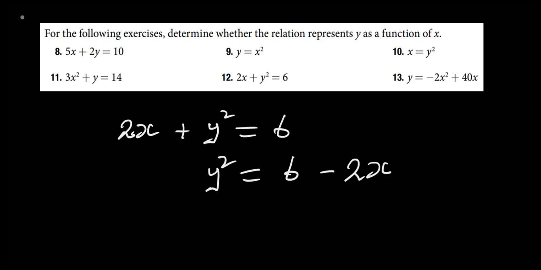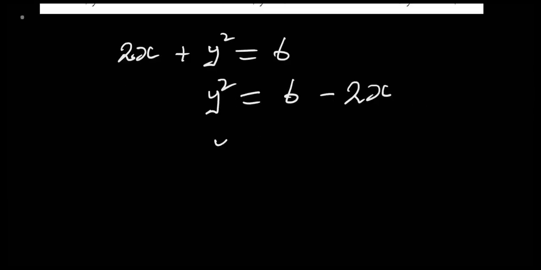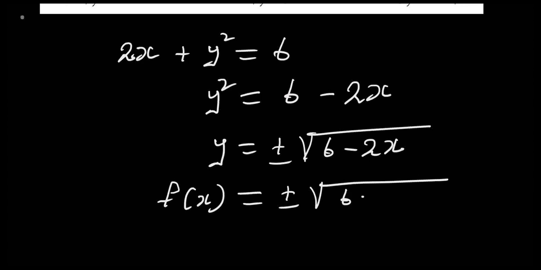Next is to take the square root of both sides. And when you do that, y will be equal to plus or minus the square root of 6 minus 2x. So at this point, we can simply write this equation using the function notation. F of x equal to plus or minus the square root of 6 minus 2x.